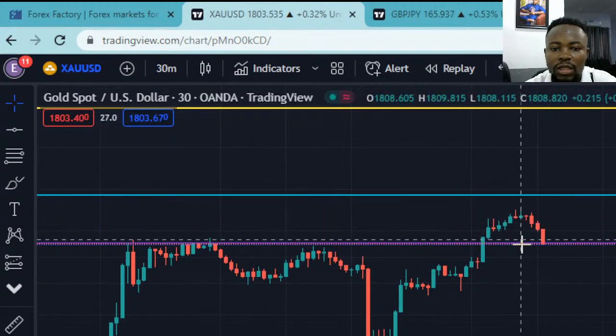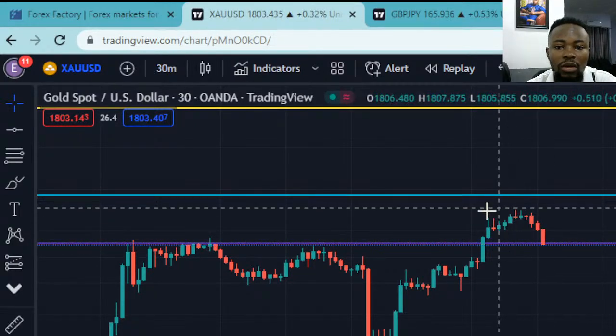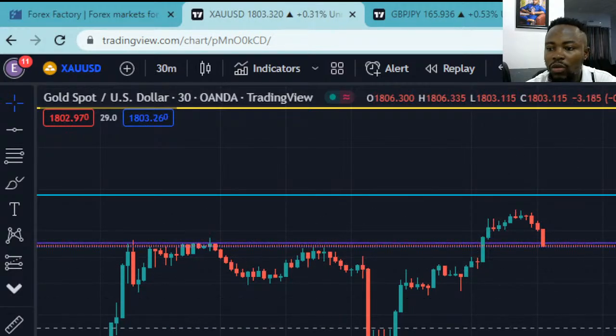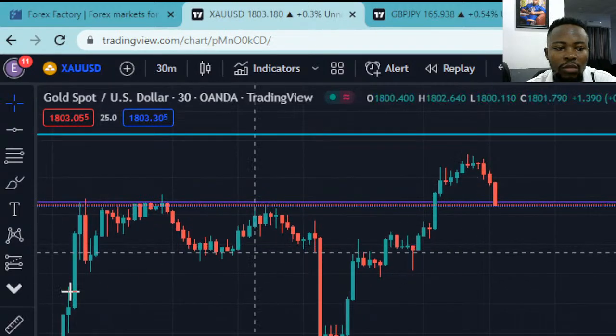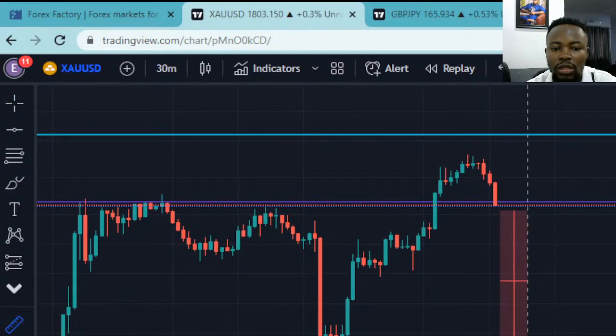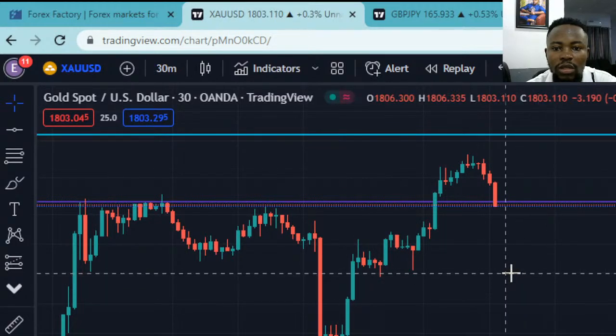And also remember that this area is the weekly resistance area, the daily resistance area. So how can we look at gold here? If we close back inside this range, maybe we could go down to correct the move from the Asian session, right? So that's what we can do here today.